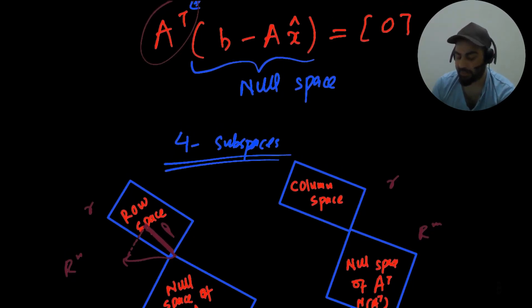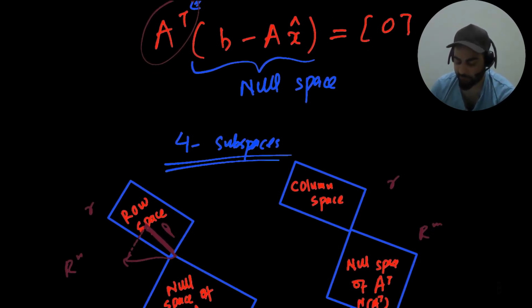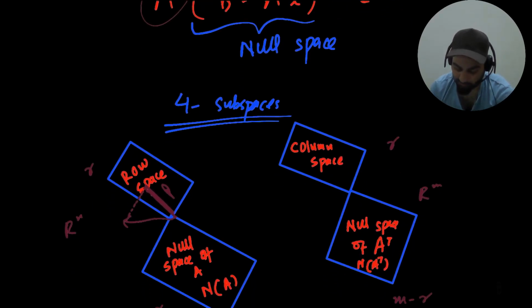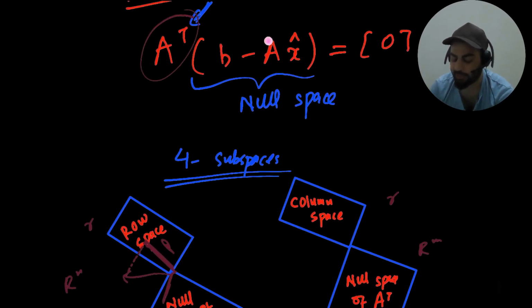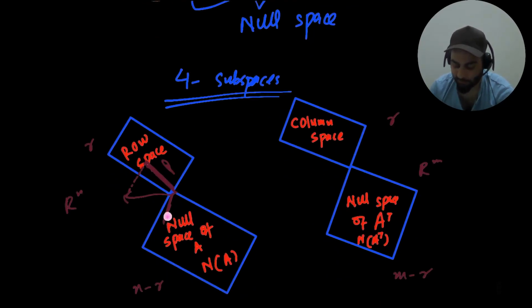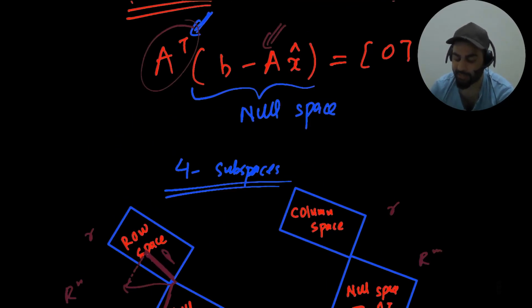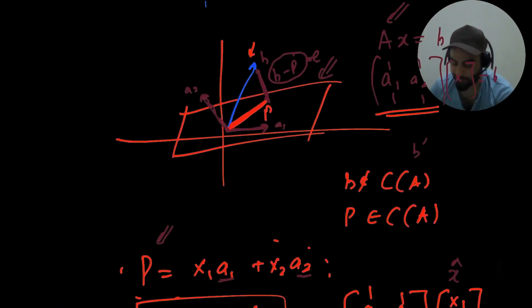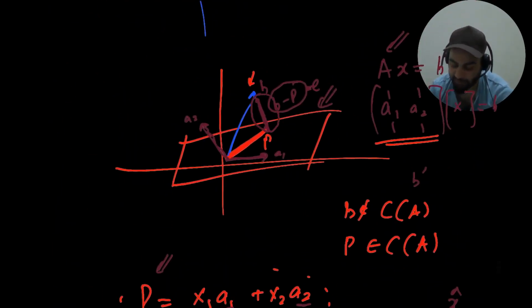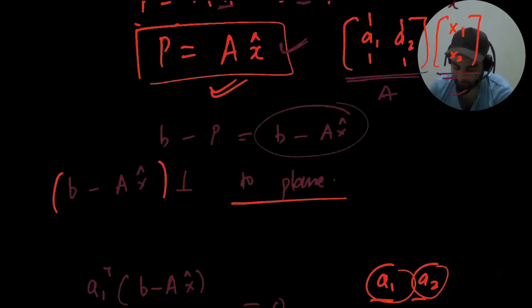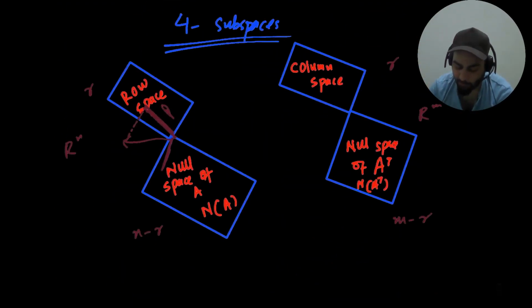And what I'm saying is that this P minus AX, for example, belongs to the null space. So some vector over here belongs to the null space. This is the value of that B minus AX that belongs to the null space. This B minus AX is this vector, B minus P, that is the error vector, the error that we are getting. So the projection basically belongs to the row space and the error basically belongs to the null space. Do you agree with this?